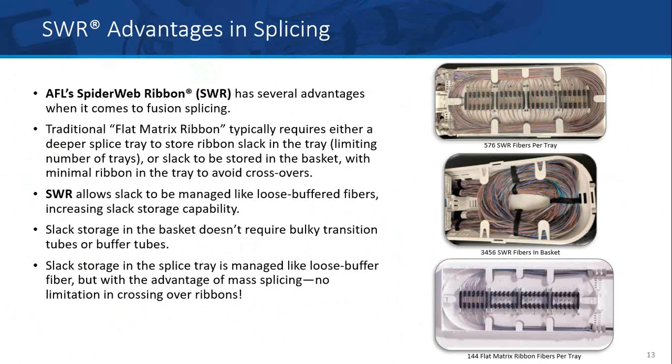And that's actually in our Apex X2, which I'll talk about the sizes here shortly. So with a splice closure that takes advantage of the mass fusion and the high density capability, you can essentially treat all of your slack storage just like a loose buffer, but get all the same advantages that you get out of mass fusion by doing the 12 fusion splices at one time.